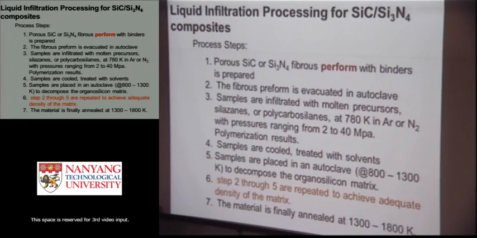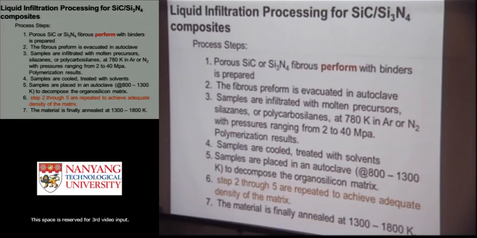You need to go back to here, fill your liquid inside again, and then repeat this procedure, steps 2 to 5 again, to fill the holes. Because when you heat to this temperature, the material decomposes and will leave some holes there. These holes you need to fill. And then you repeat maybe 3 to 4 times, and then you will get your material.